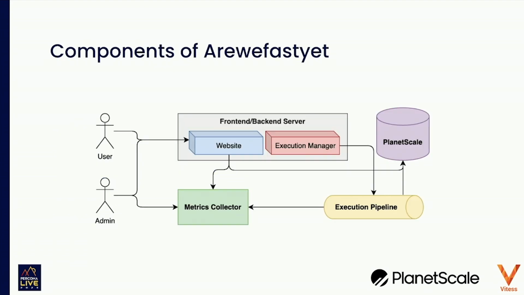Here's a simplified overview of the architecture of Arewefastyet. We have 4 main components. I'll begin with the front-end and backend server, which we can divide in 2. We have the website, which serves the UI, on which you can compare the different versions of Vitess and see all the benchmarks in the queue or that have been executed in the past. On the same component, we have the execution manager.